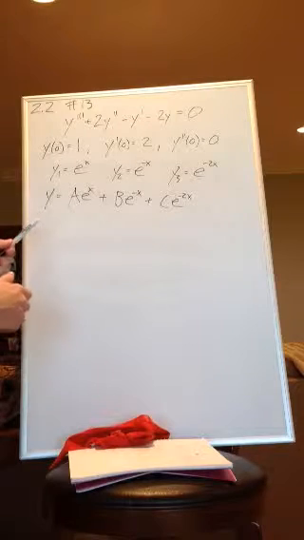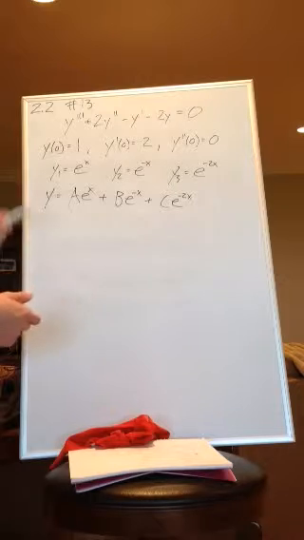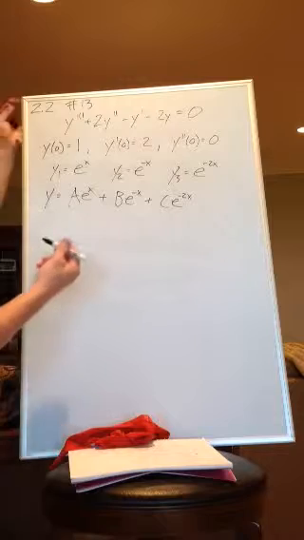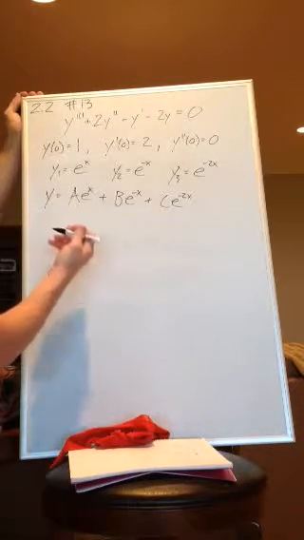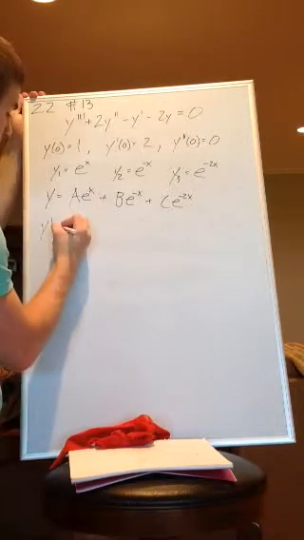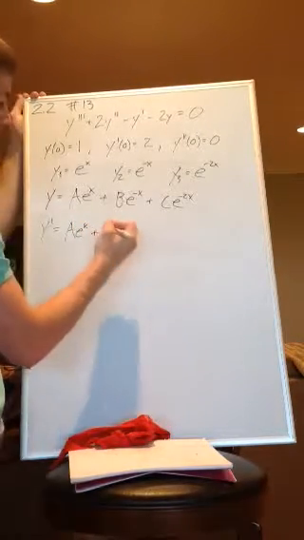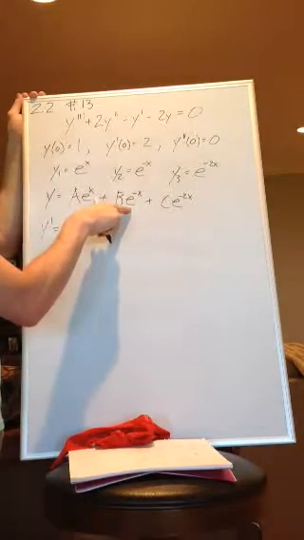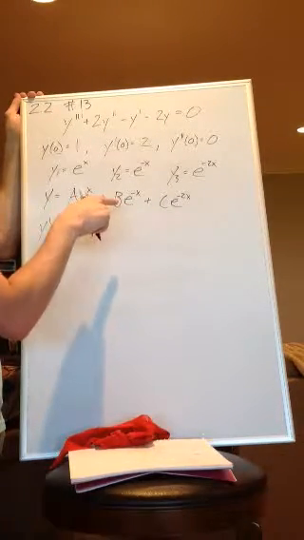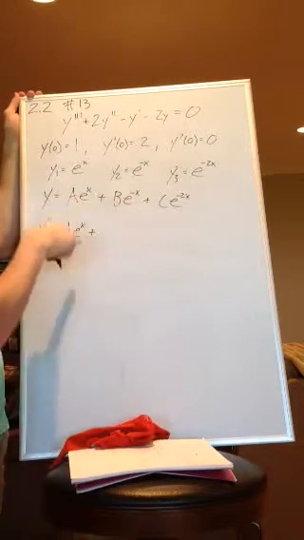Now we're going to want to find the derivative. Sometimes people do it outside of doing it in the equation. Here, just to make it simpler, I'm just going to go through. We know the derivative of e to the x is e to the x, so our derivative of y will be a times e to the x plus, well, we know that the derivative of e to the negative x will actually be negative e to the negative x, since we're going to have to take that constant of negative 1 times our x and bring that down.